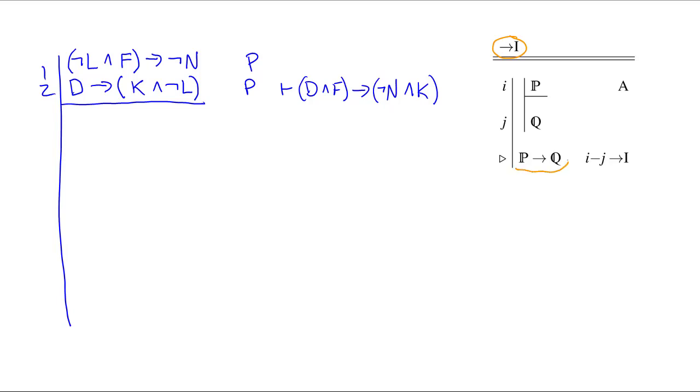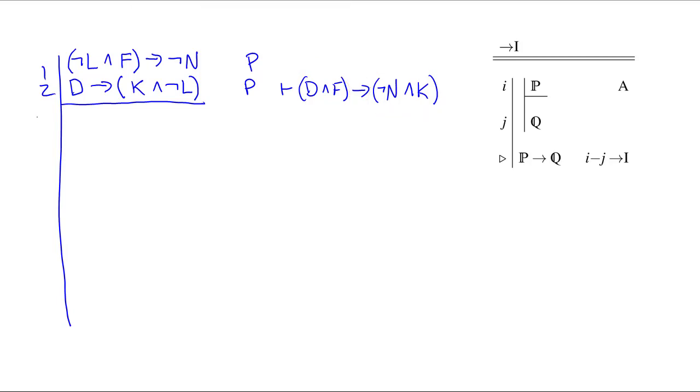Now, since the conditional that results from conditional introduction has the assumption of a subderivation in the antecedent and the endpoint of a subderivation in the consequent, then we should think we want to try to do a subderivation which starts with this and ends with this. So we can set that up like this.